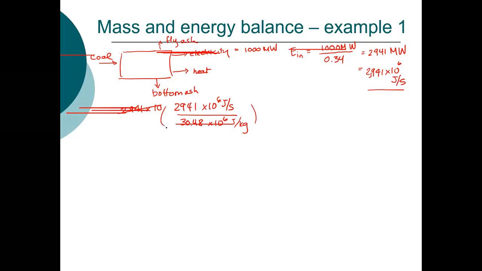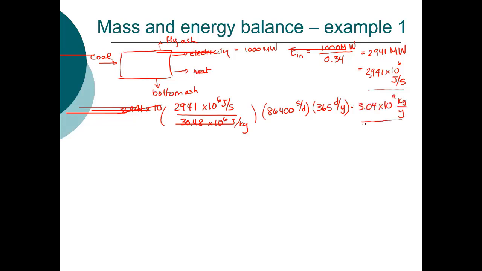And we're going to multiply that by 86,400 seconds per day times 365 days per year, because we were asked for the emissions on an annual basis. And this is equal to 3.04 times 10 to the 9 kilograms.